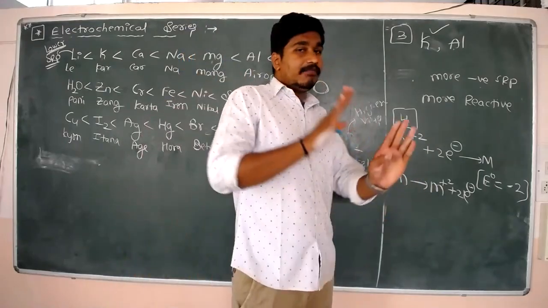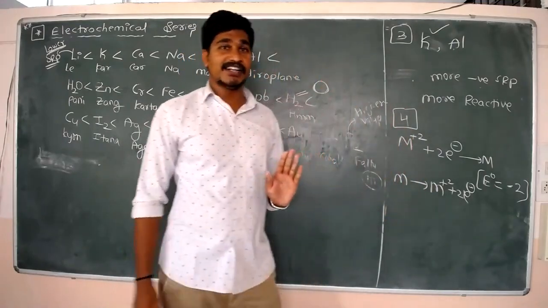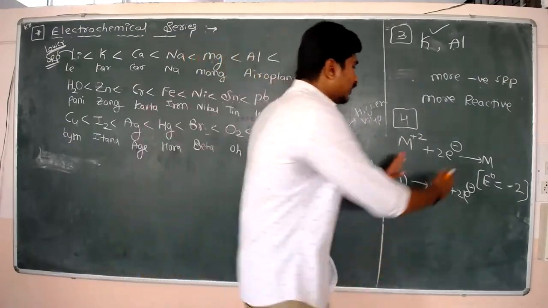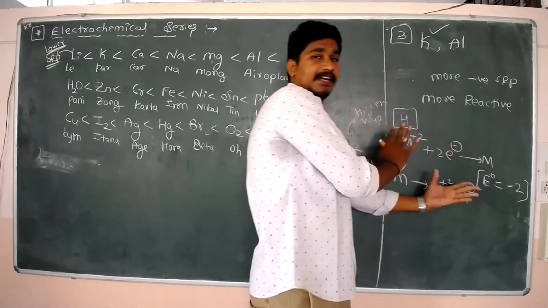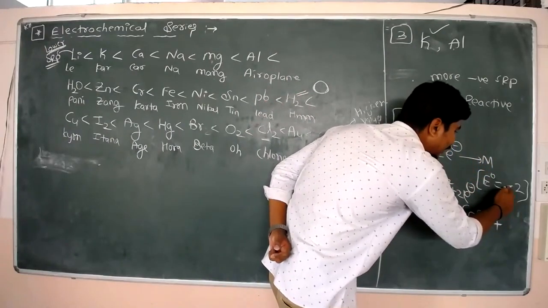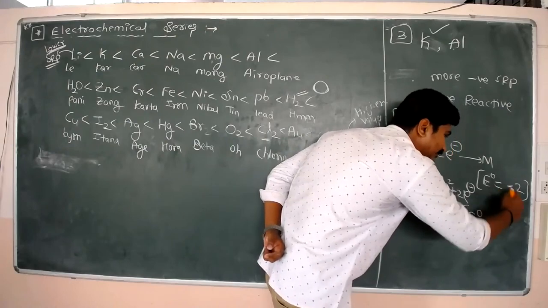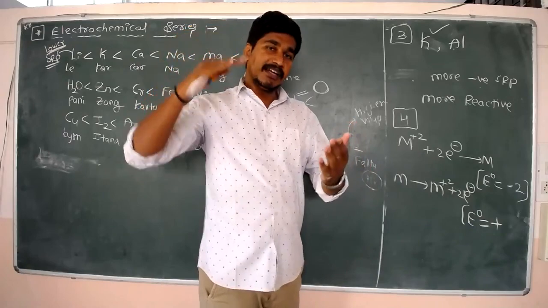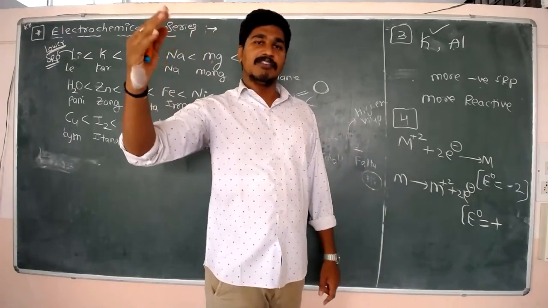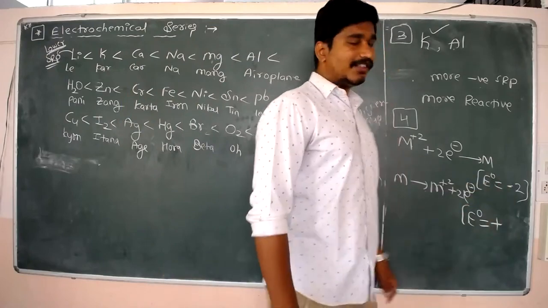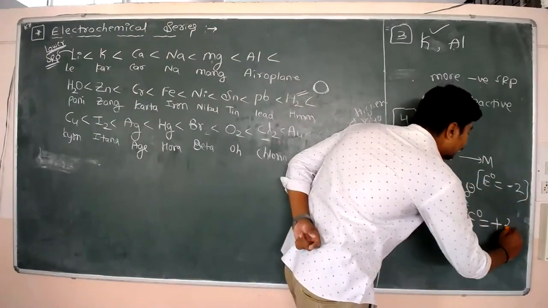The second point: if we reverse the reaction, the sign of the SRP value changes. Minus becomes plus, and plus becomes minus. The sign changes, whereas the magnitude remains the same.